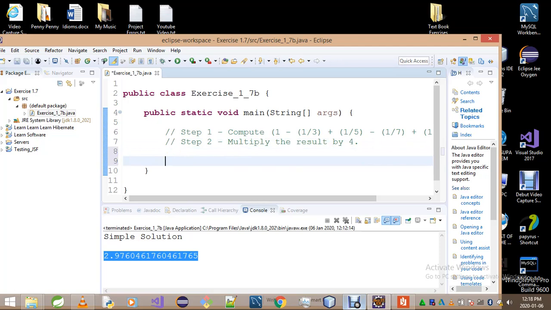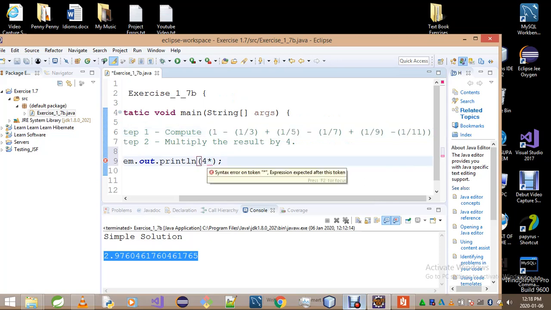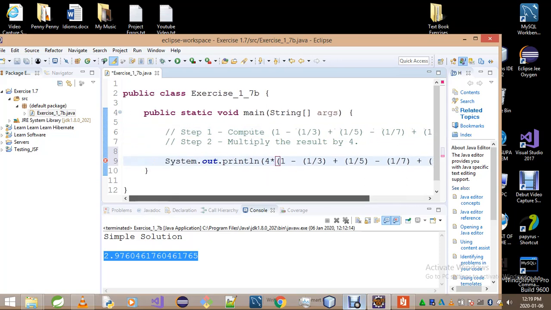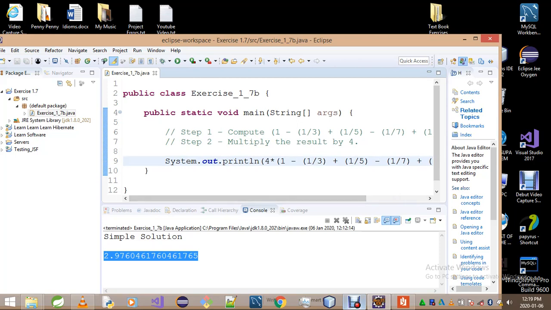So basically this is what we're going to have. System.out.println. We're going to have 4 multiplied by this whole thing. Let's try to run this.